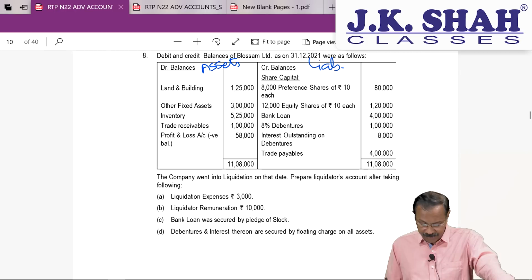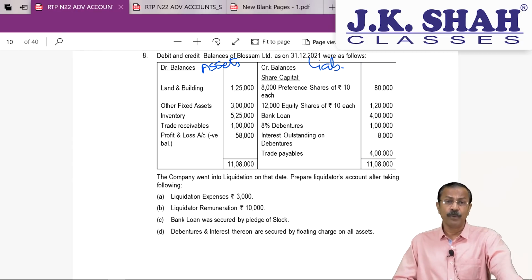The company went into liquidation on that date. Prepare liquidator's account. Liquidator's account is nothing but your liquidator's final statement of account. And this is prepared on the basis of actual figures after liquidation is completed, remember.